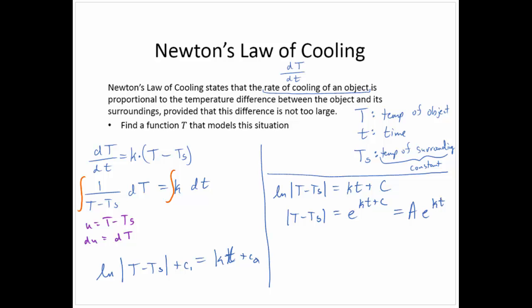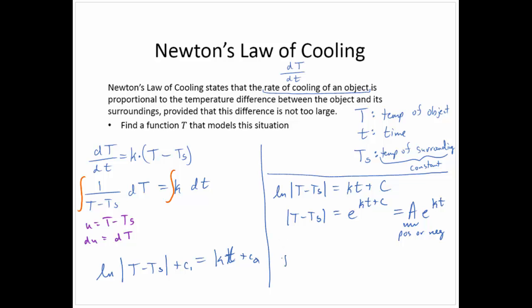Now since I can write it like that, where I have this constant being multiplied by the e to the kt, this can be a positive or a negative, depending on the difference between the T and the T sub S. What that means is, I don't need the absolute value bars anymore.